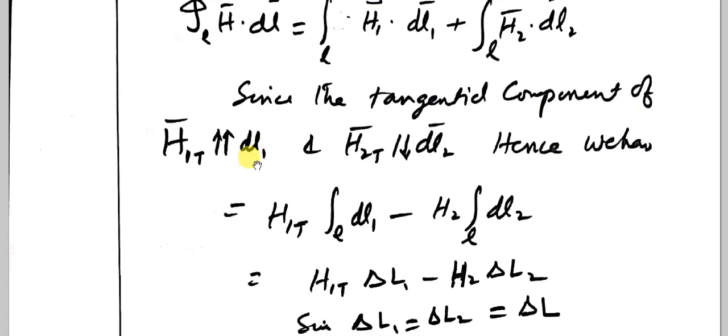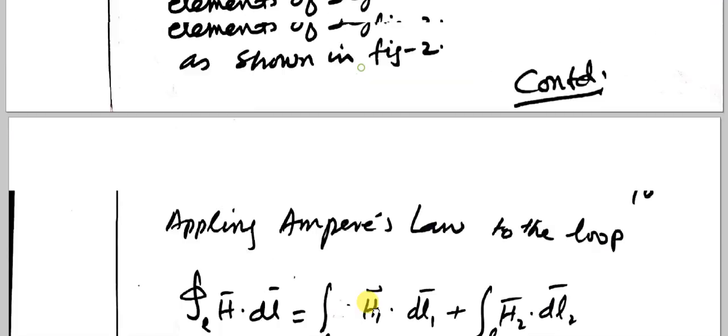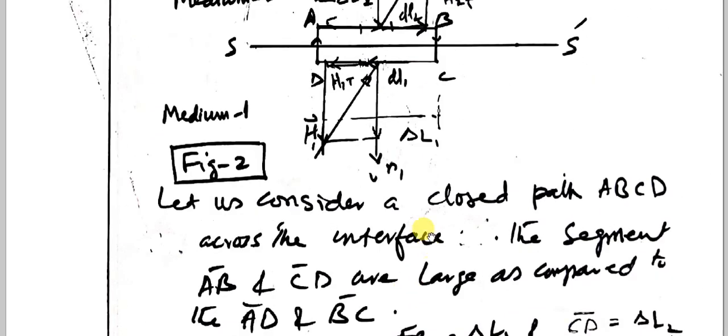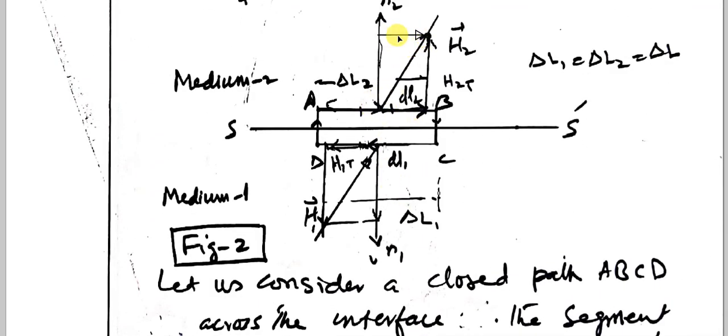Here, if we take this tangential component, this is the normal component, this is H2, and if we take this projection and draw it here, this one is H2t and this one is H1t. So these are the tangential components which are parallel to dL1 and dL2. H2t is also along dL2, and similarly there is H1t, and dL1, both are parallel.